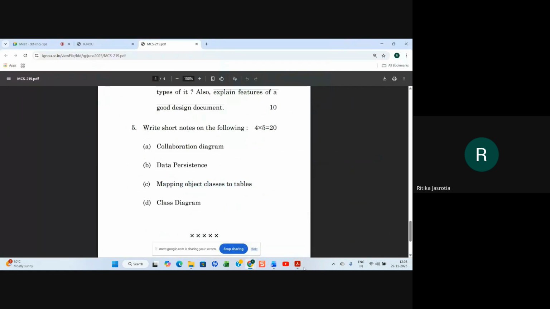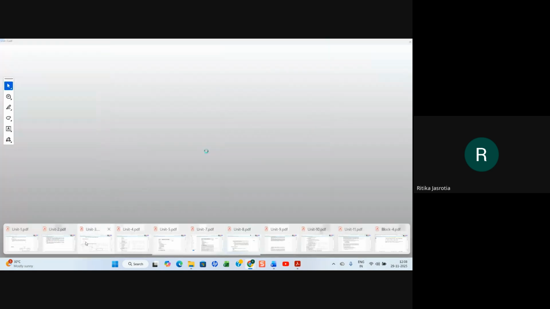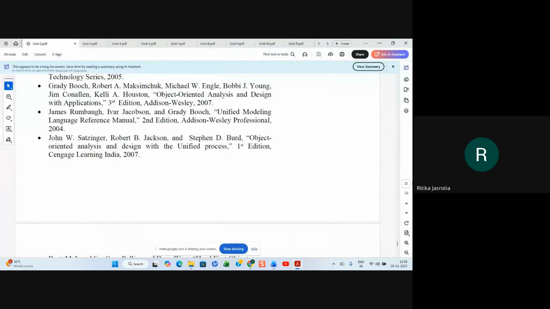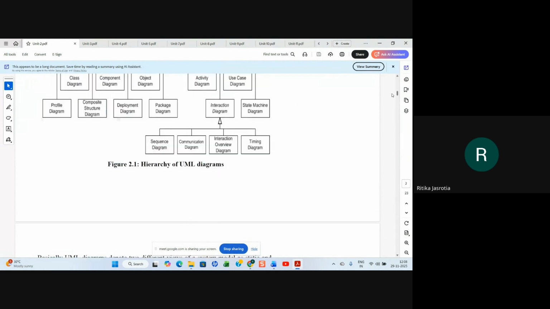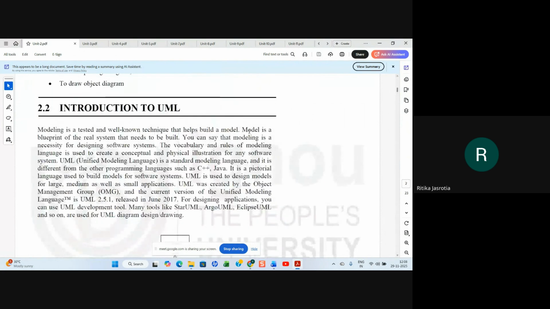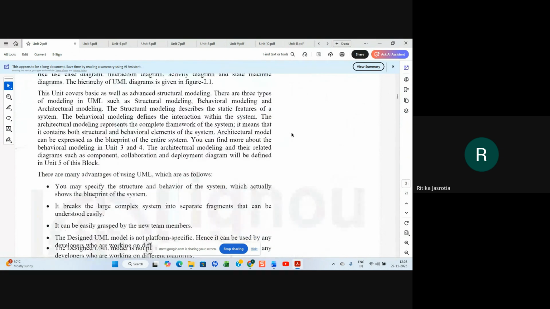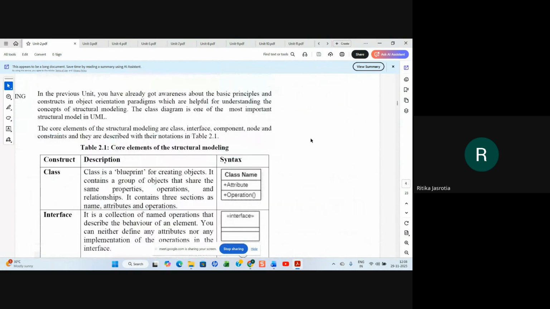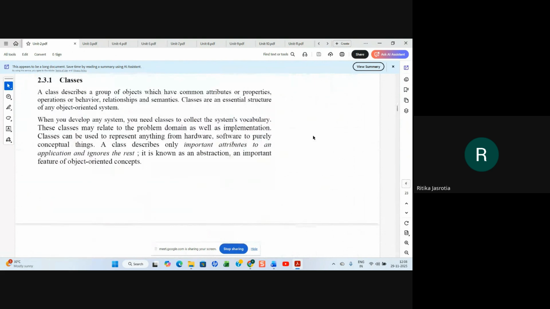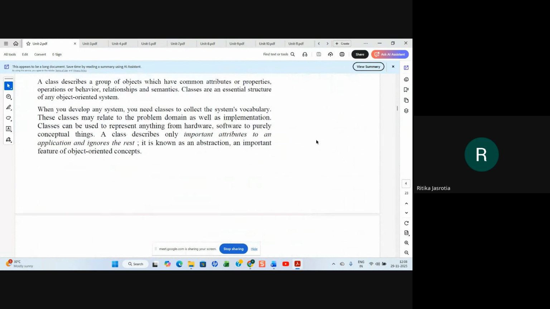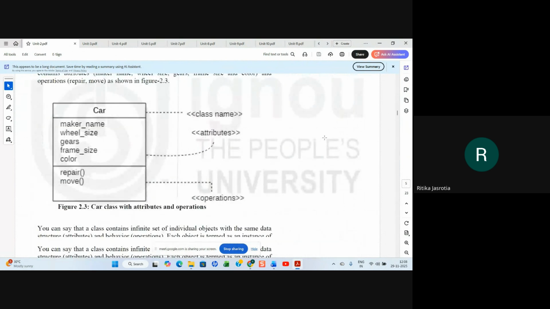And the class diagram they are asking. The class diagram is also there in your second unit or first unit, I don't remember, in block 1. And this is explaining about the class.